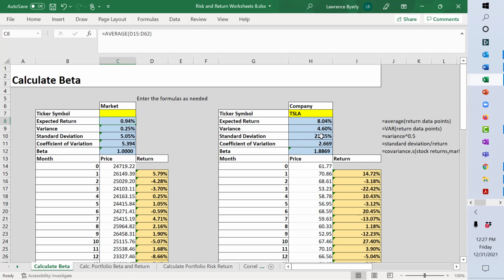Here's the variance, standard deviations, and it is calculated beta. So the stock market's beta is 1.0 as it calculates here, and Tesla is 1.8869. So again, 1.89 is roughly the beta for Tesla.